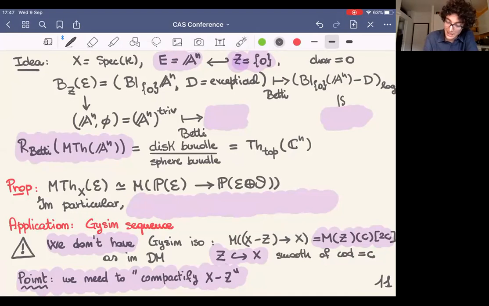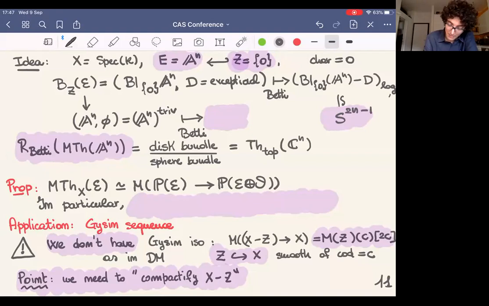And I can consider the Betti realization of this log scheme. This gives the Kato-Nakayama space that Thom was mentioning yesterday in his talk. And in this case, this happens to be the same thing as S^(2n-1), a sphere.